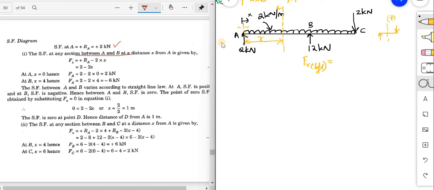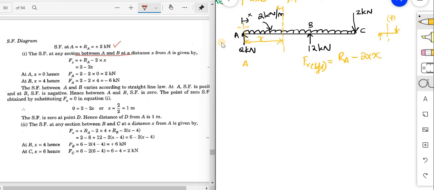What are the forces? I have RA acting upward. Then downward, this UDL is there: minus 2 into that distance X. So this is the equation for the force between A and B.